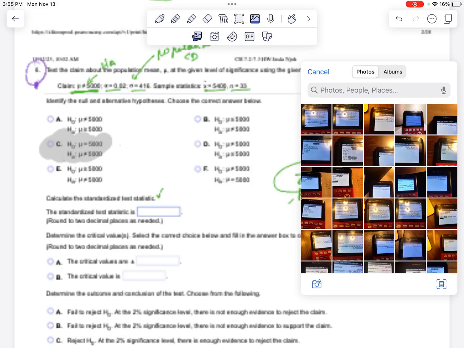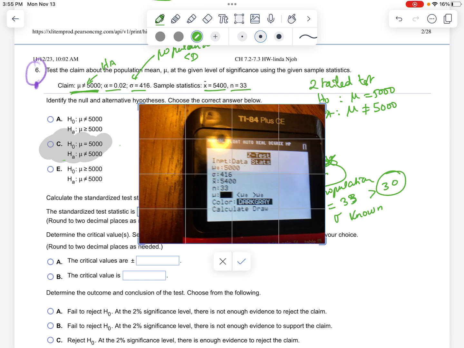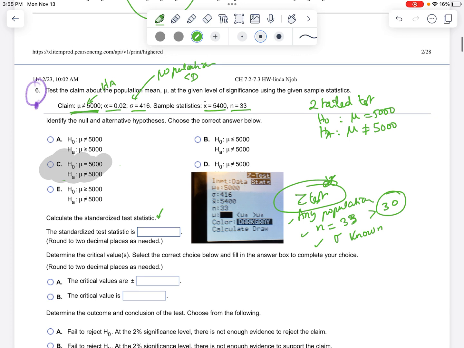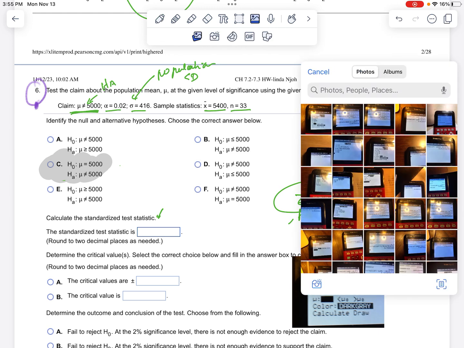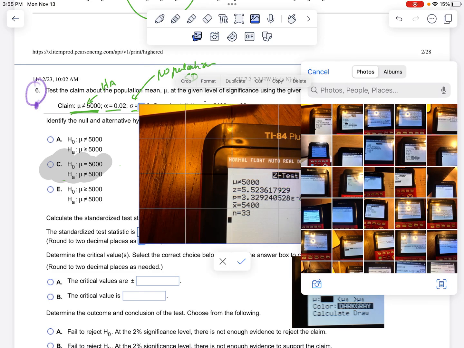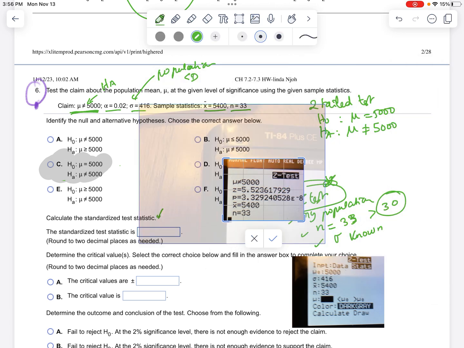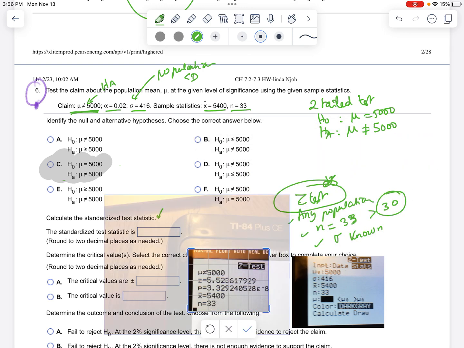And now I'm going to go ahead and find everything I need to find. So calculate, it gives me everything I need. Let me take a picture of that. Okay, it gives me the z-stat, it gives me the p-value, etc. So here we go. I need everybody to notice something. Right here, let me crop some more.